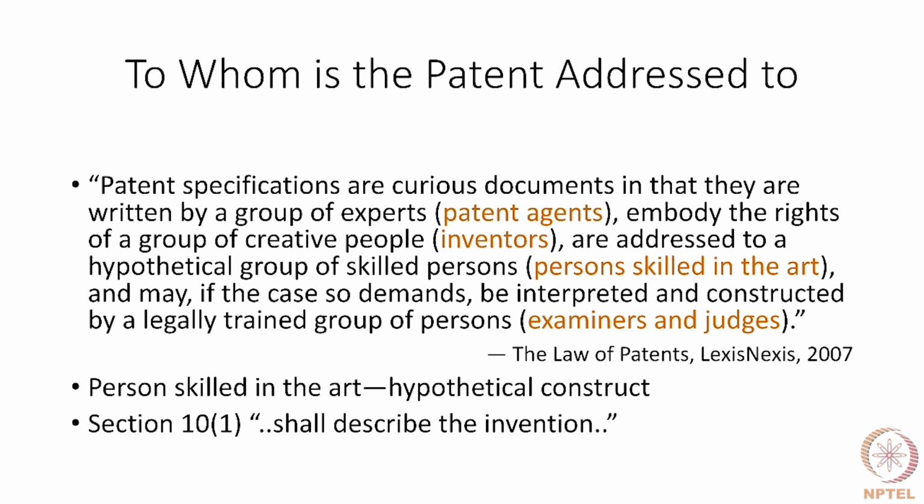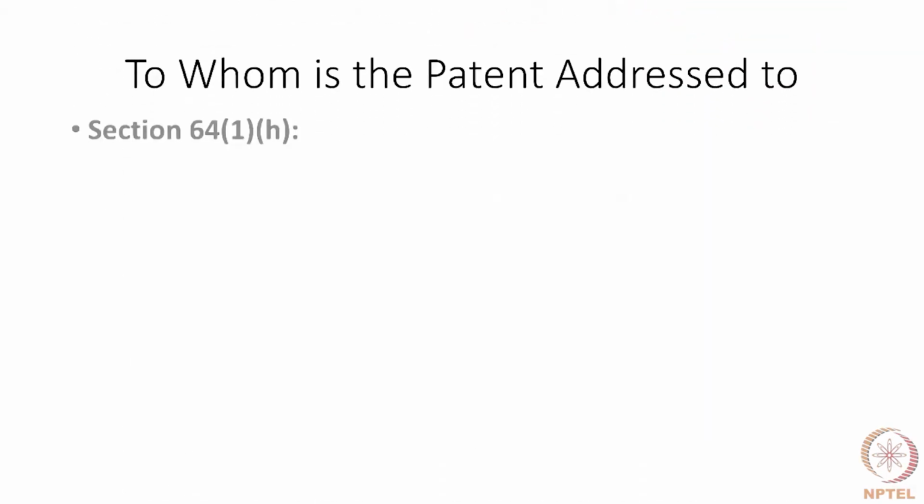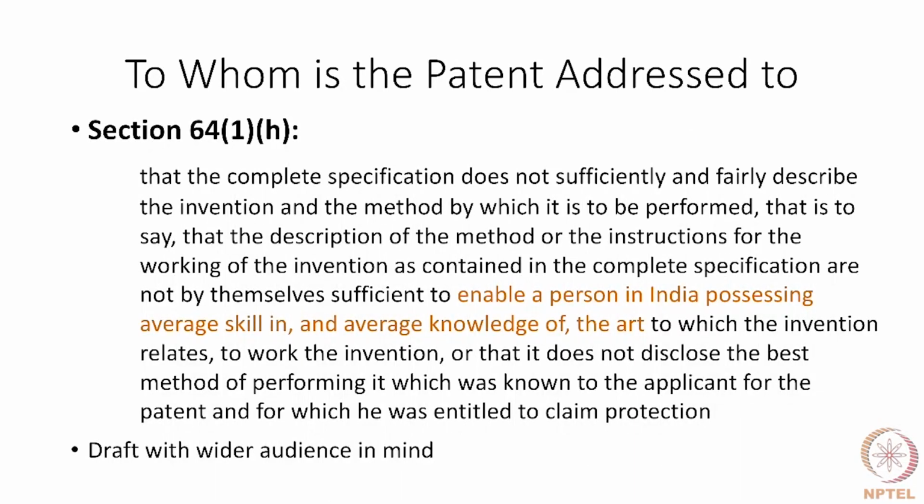Now, how these requirements translate into different parts of the specification is what we will now look at. Now, we have already covered section 64(1)(h). So the person to whom it is addressed to is a person who has average skill in or average knowledge. This is the person to whom the invention is addressed to.